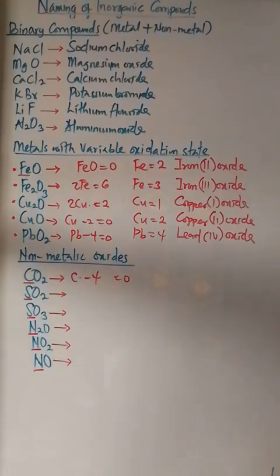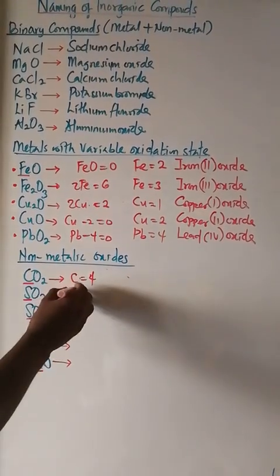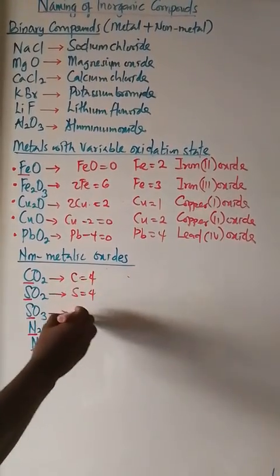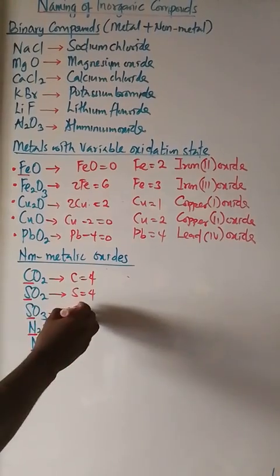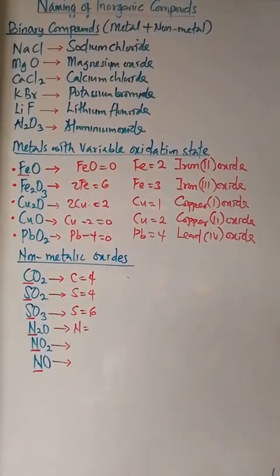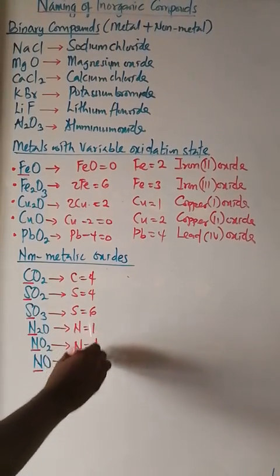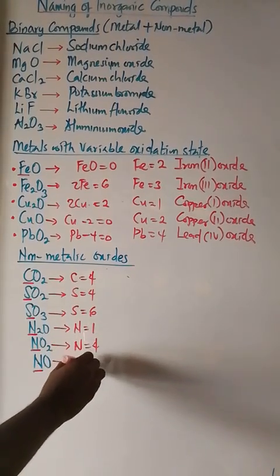And from here, we get the oxidation state of carbon to be 4. If you do the same for sulfur, you also get 4. If you do the same for this, you will get 6. For this nitrogen here, you get 1. For nitrogen here, you get 4. For nitrogen here, you get 2.